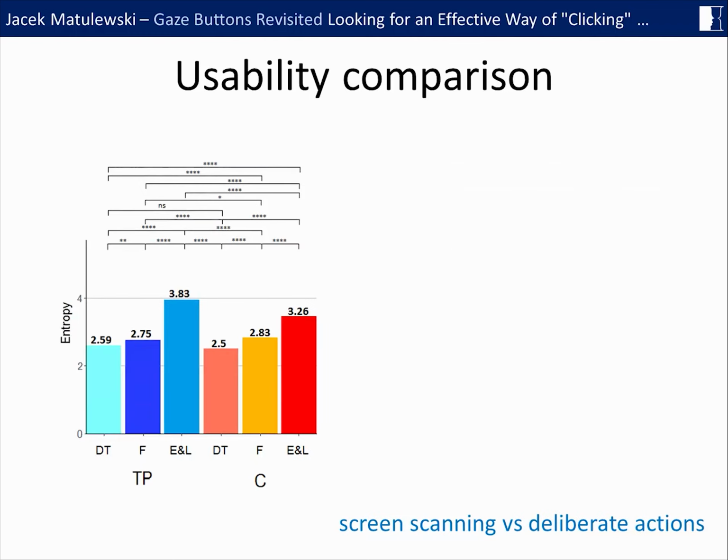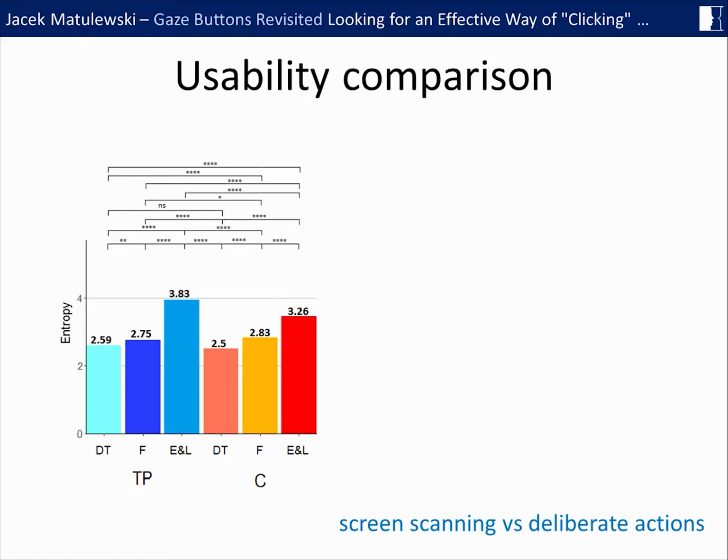We have also calculated information entropy for the matrix of gaze transitions between areas of interest located inside the boundaries of all buttons. Entropy is the highest in the case of the method based on the gaze gesture, which is probably due to the nature of this method, but also shows that it requires more eye movements, which can cause eye muscle tiredness as well as mental fatigue.